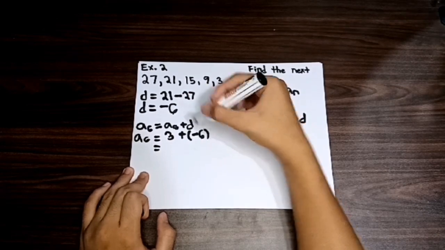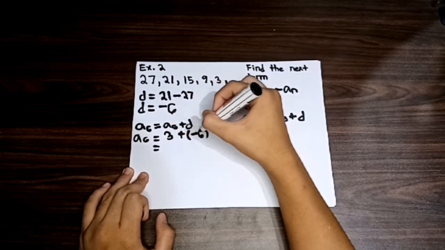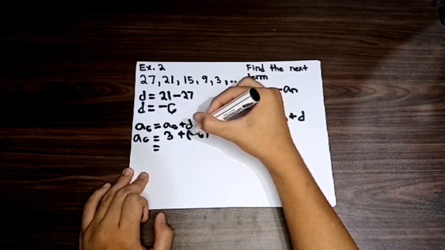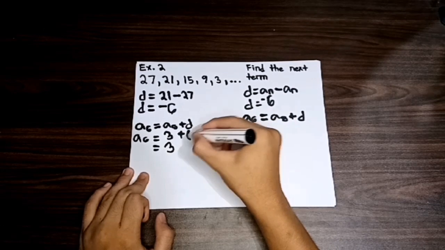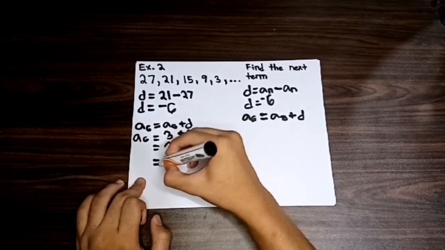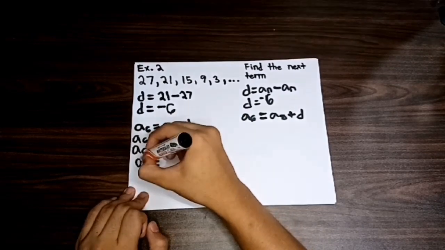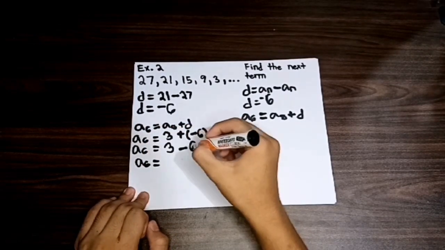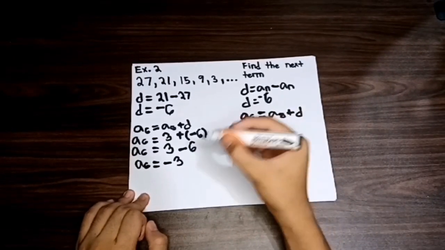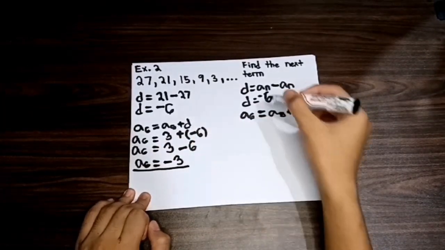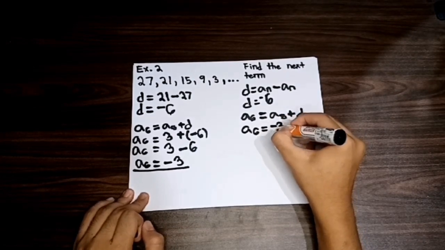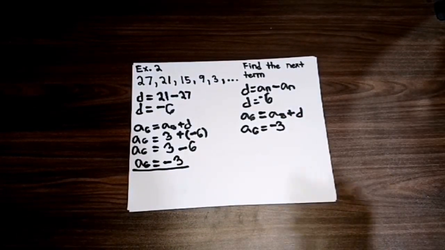Since 6 is negative and our operation is plus, we need to change the operation into a minus. Now let's subtract 6 from 3. So 3 minus 6 is equal to negative 3. So our a sub 6 is equivalent to negative 3. So that's how to solve it.